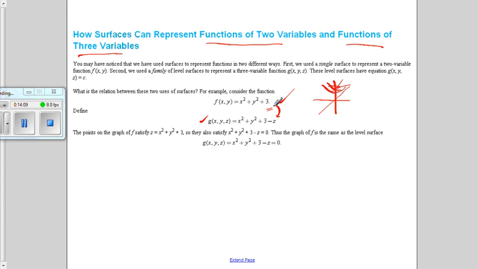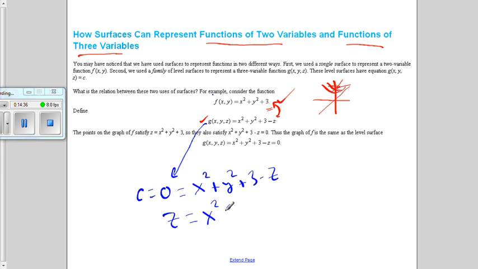There's certainly a huge obvious connection to these, but what is that obvious connection? Well, if we were to set g of x, y, z equal to 0, so we say c equals 0, we get 0 equals x squared plus y squared plus 3 minus z. And if we solve that equation for z, we get z equals x squared plus y squared plus 3, which is exactly this 3D system that we were looking at before.